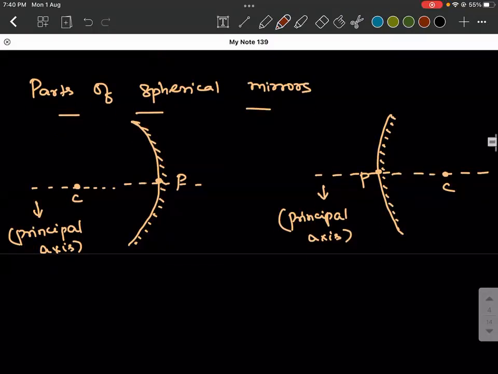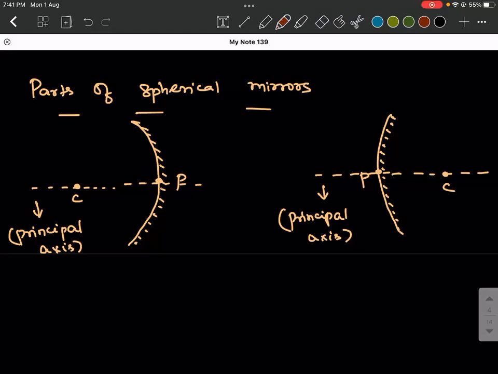Now you have something called focus. What is focus? How did you get that point? First of all, how? What light rays appear to converge or diverge? Source is at infinity.